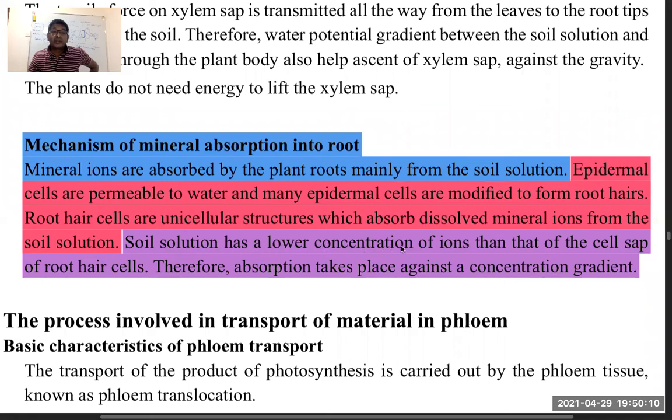The soil solution has a lower concentration of ions than that of the cell sap of root hair cells.